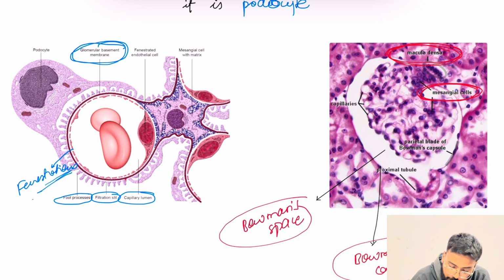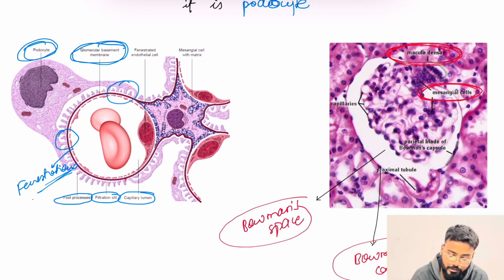So we saw a gap here, we saw a gap here, and the basement membrane also has pores. This in turn is going to form your filtration barrier. This is your podocyte, the cell body of a podocyte.